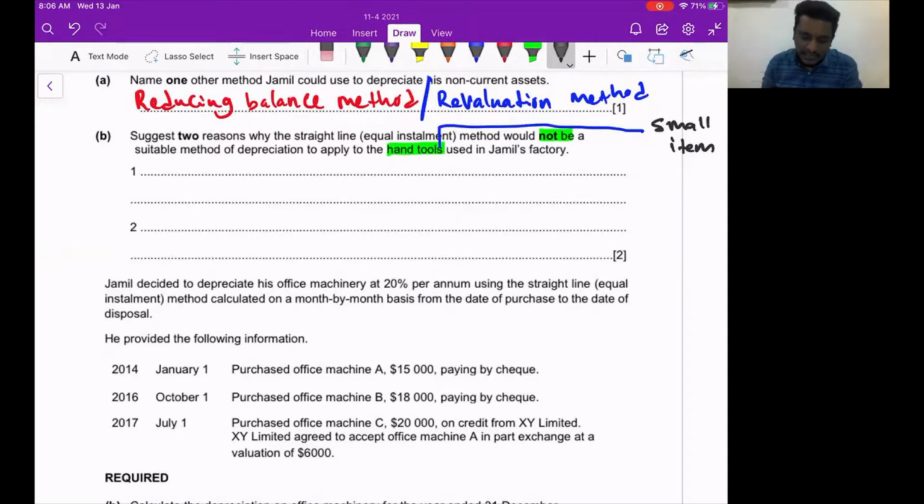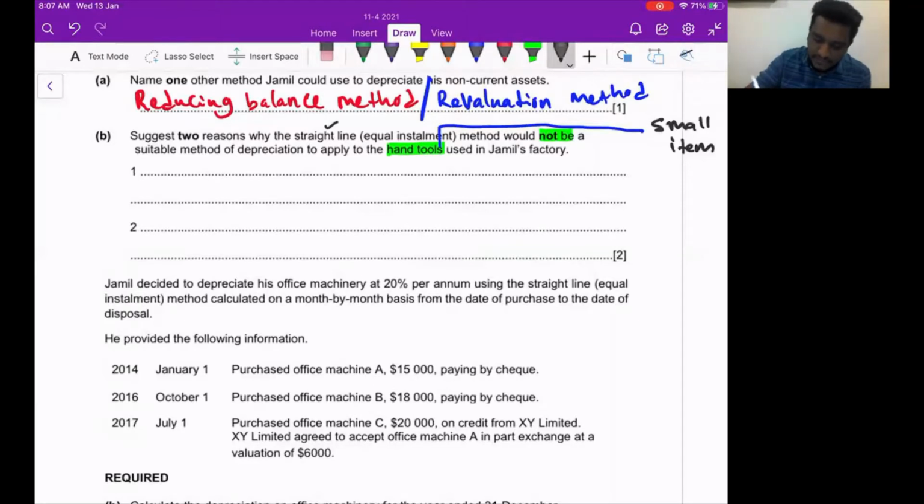If you want to use the straight line method, you need a very detailed record of how many items you have and how much each item is. Then only can we calculate depreciation using the straight line method. For hand tools, we cannot keep a detailed record, so we cannot use the straight line method.